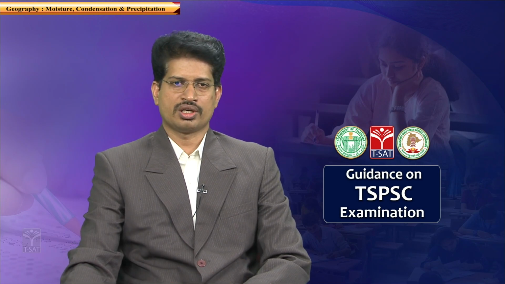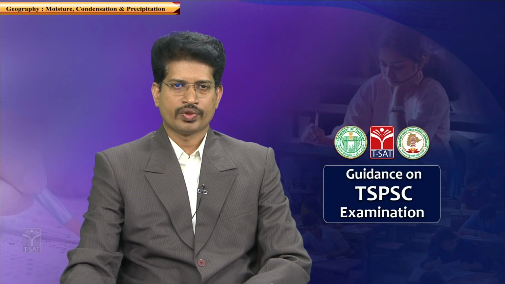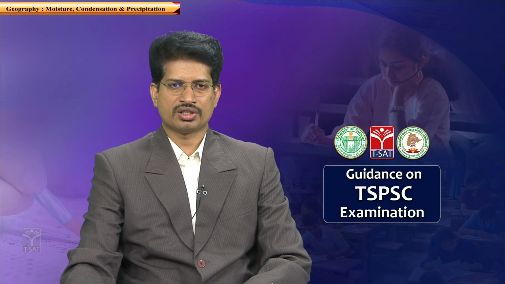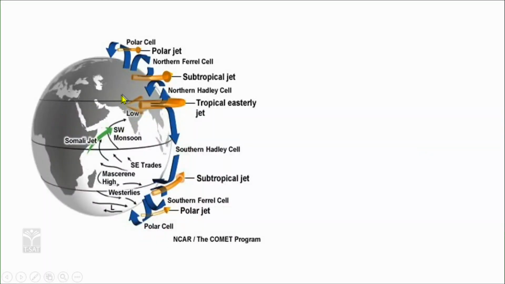See this here, for example: you have the Somalian jet flowing from the Arabian Sea towards India. You also have a subtropical jet flowing in this direction. These subtropical jets further help in strengthening the monsoons.